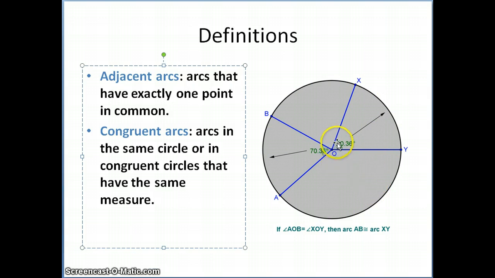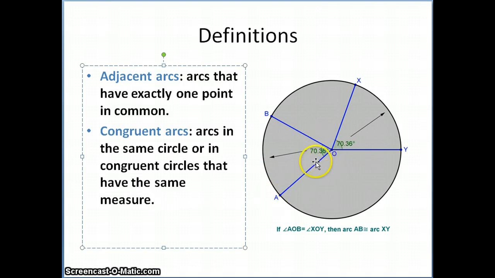If we check the measure of each one, XY, by the definition from the last slide, we check the central angle, which is 70.36 degrees, and then we look at the measure of the central angle corresponding to arc AB.